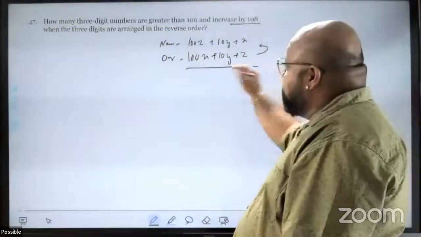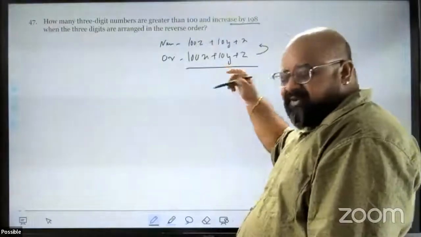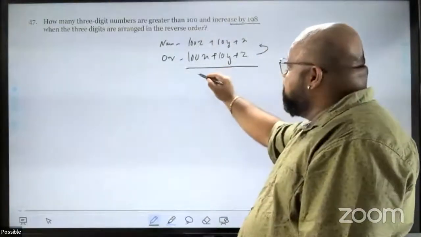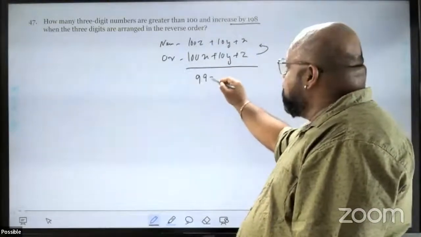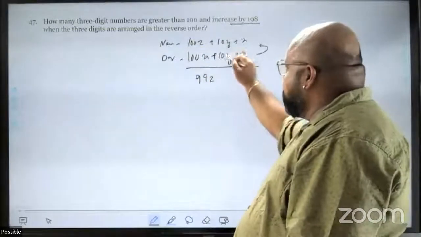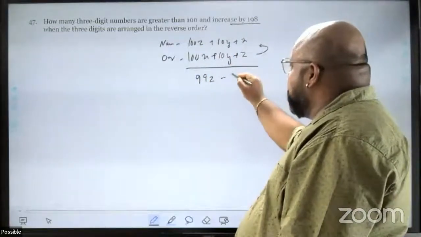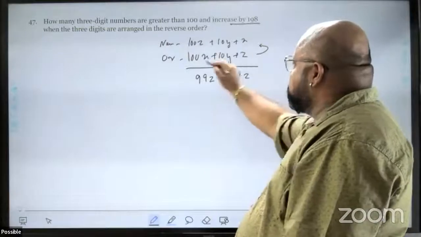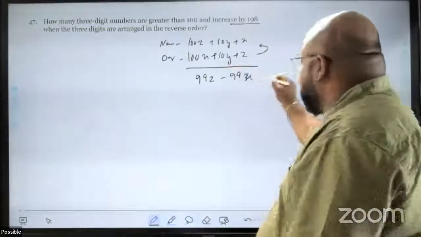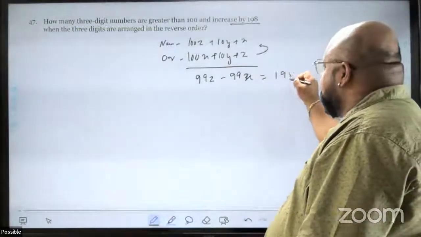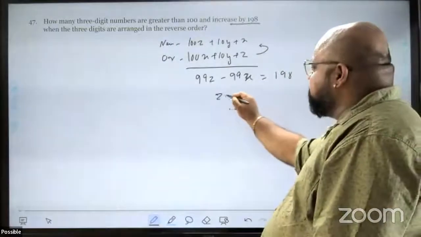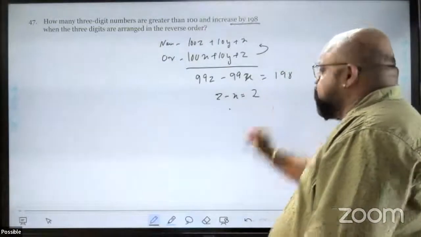So if I take the difference of these two, it should be equal to 198. The difference here will be 99z, 100z minus z, 10y cancelled, minus 99x, x minus 100x. The difference should be 198 divided by 99. So z minus x should be equal to 2.